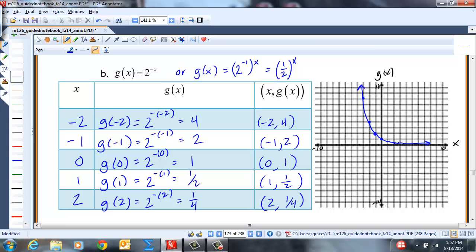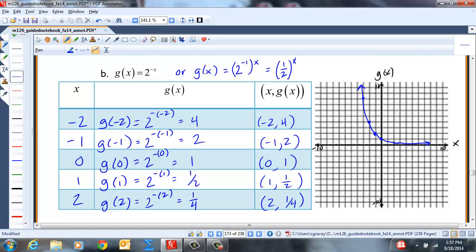So notice what happens. It reflected across the y-axis. As you move from left to right, this graph is decreasing. And you've got the ordered pairs -1, 1 over a still, but your 1 over a is going to be 2.